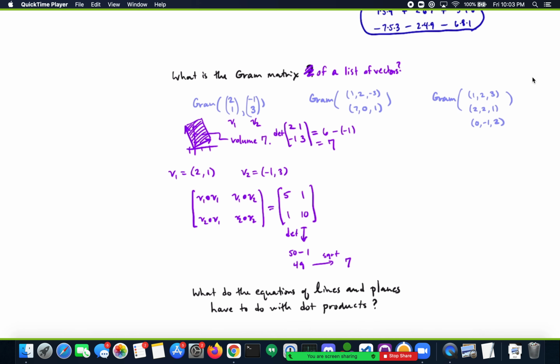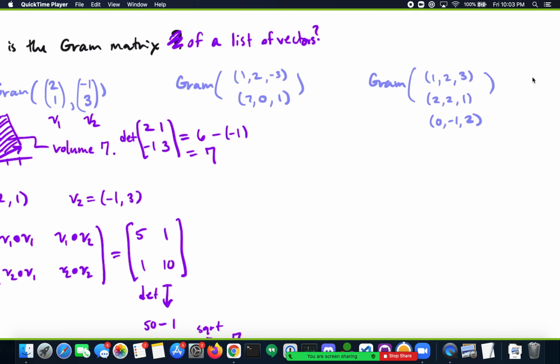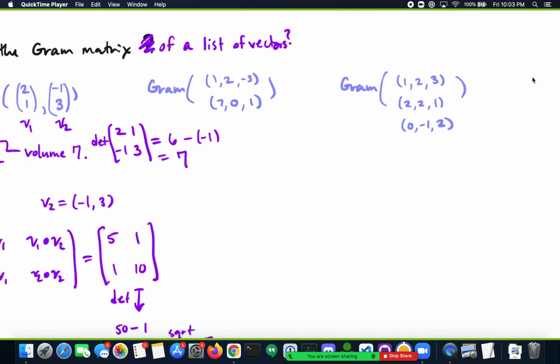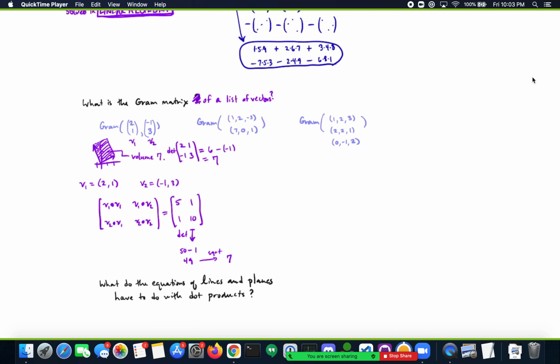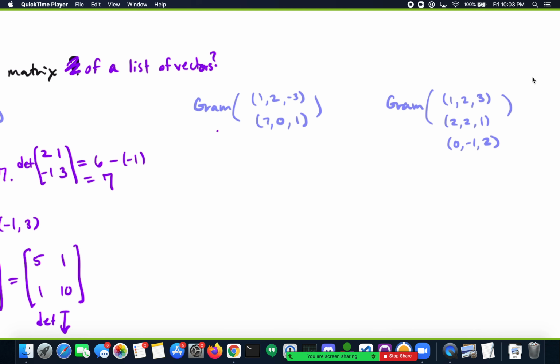But it doesn't always work in higher dimensions. So let's look at this Gram matrix here. Maybe I'll give myself some more room. Okay, so here we are. These are two vectors somewhere in three-dimensional space. I don't know where they are, but they span a parallelogram.